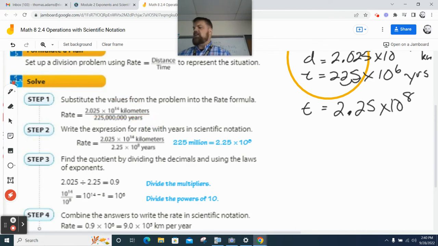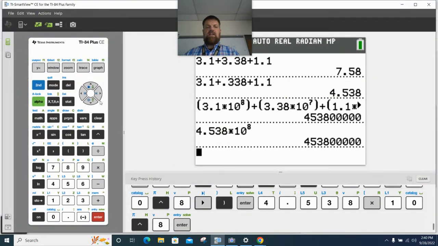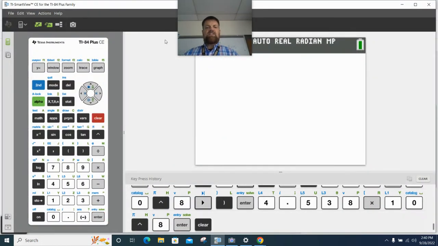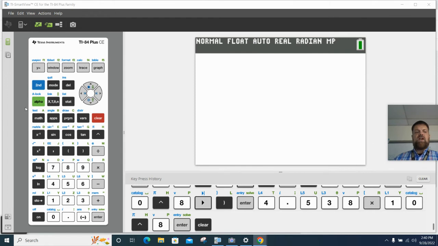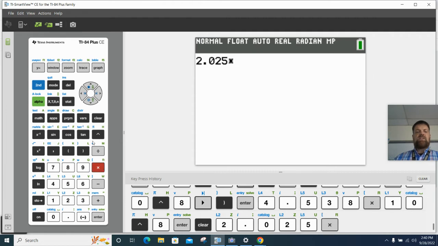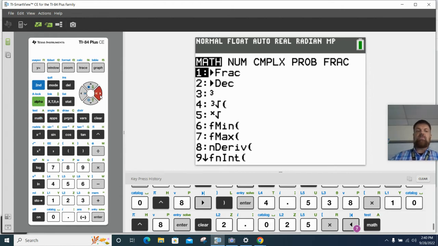So the rate is equal to this stuff divided by this stuff. So let's take our handy dandy calculators and see what we get for an answer. This is a perfect example of scientific notation. You know what we should do? Let's hit the math button and make it into a fraction.